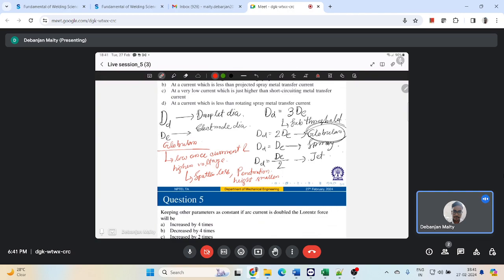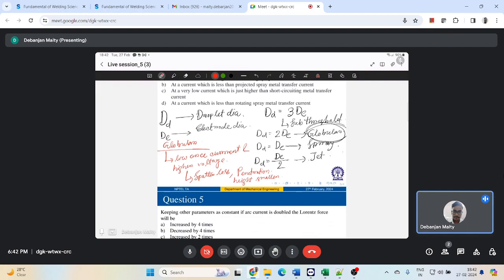So after globular transfer, what is there? We have spray transfer, right? Now, in spray, the droplet dia is almost equal to the core electrode wire dia, and the rate of drop transfer is much higher, because the size of the droplet is less than the globules.